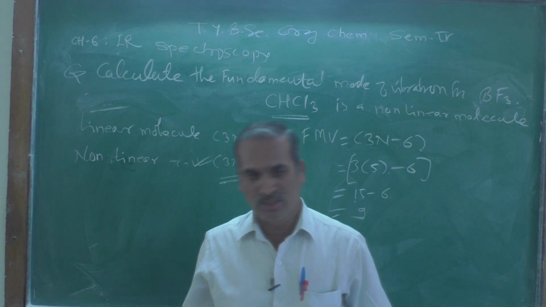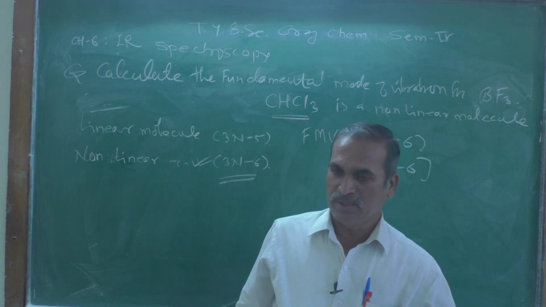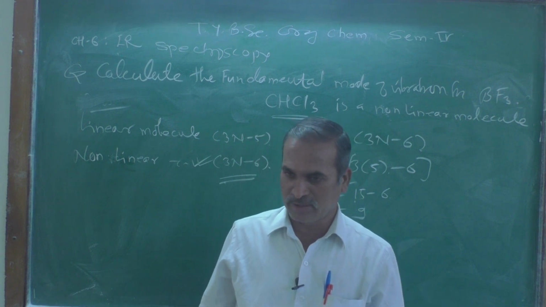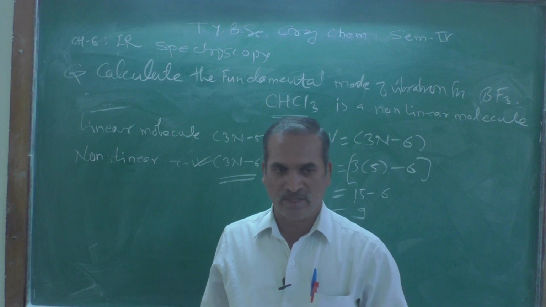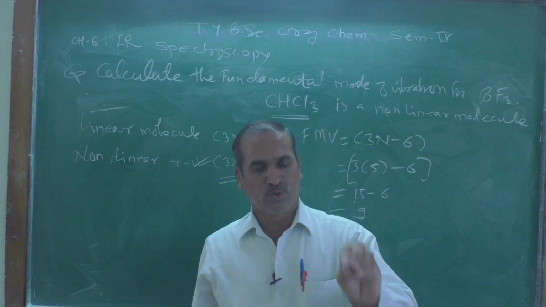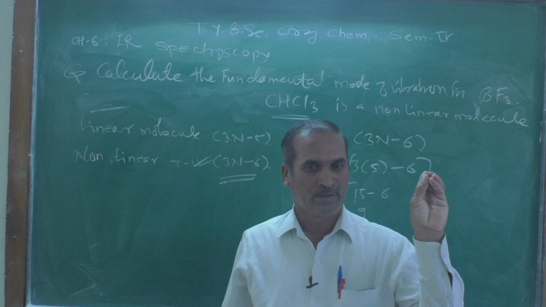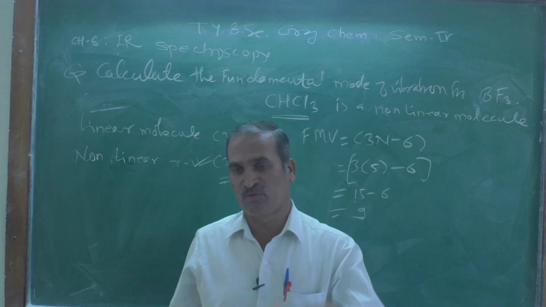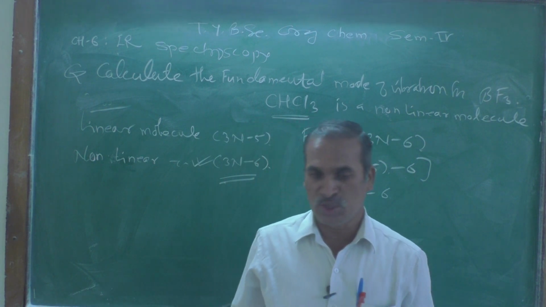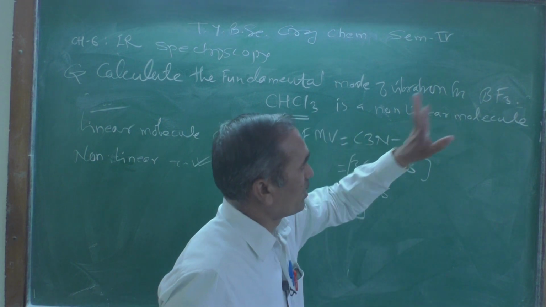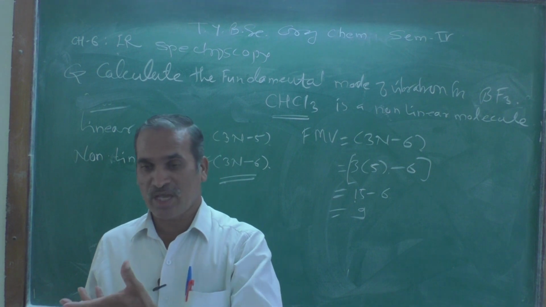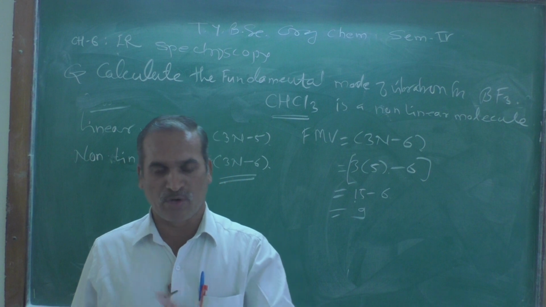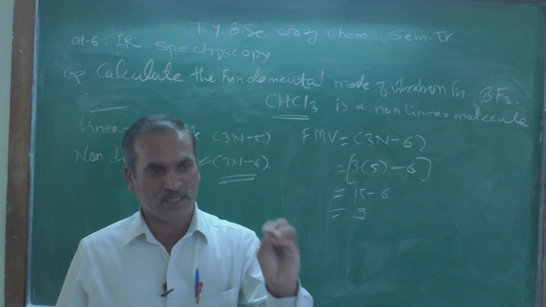The molecule may be organic or inorganic, it doesn't matter. What matters is only that you must know the geometry of that molecule. BF3, once again, is a non-linear molecule, and the number of atoms you can count very easily: 3 fluorine atoms and 1 boron atom, total becomes 4.